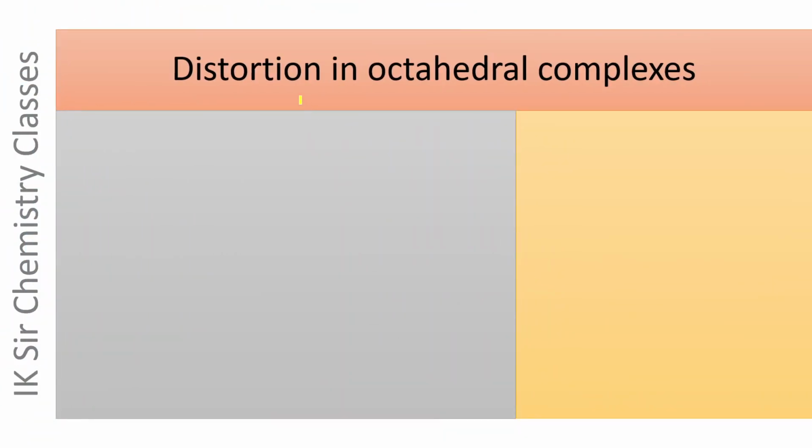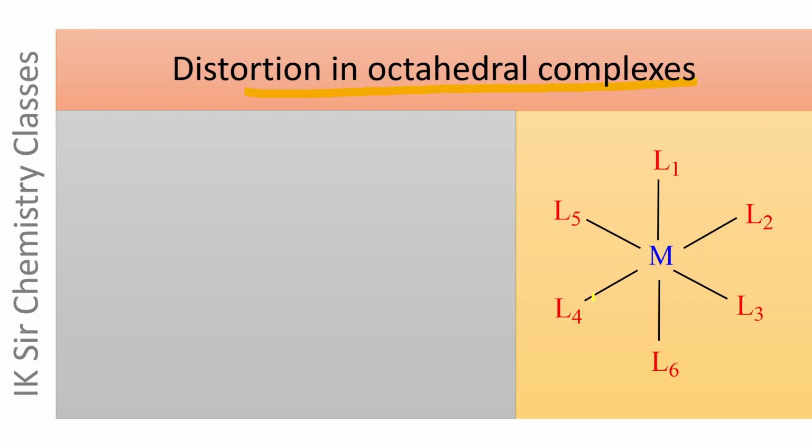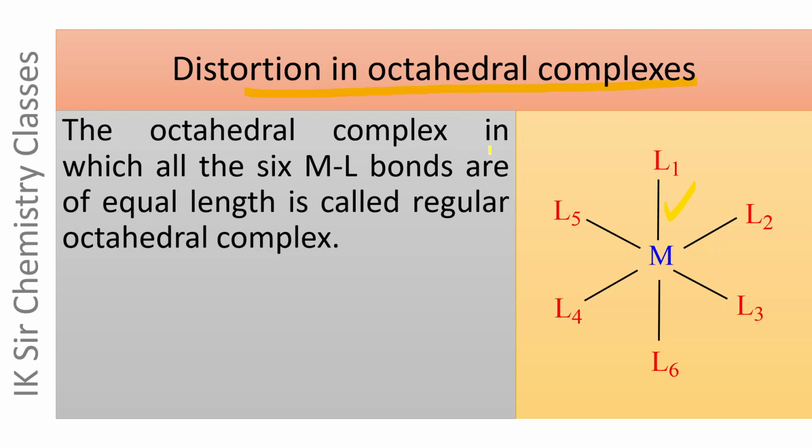First of all, let us see distortion in octahedral complexes. This is an octahedral complex in which all the six metal ligand bonds are of equal length. The octahedral complex in which all the six metal ligand bonds are of equal length is called a regular octahedral complex.